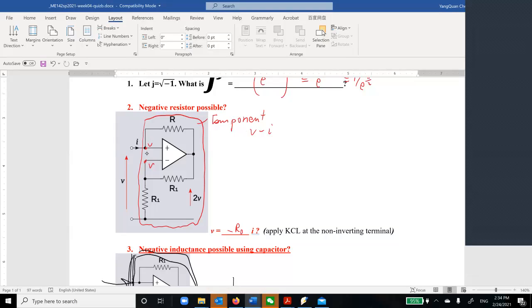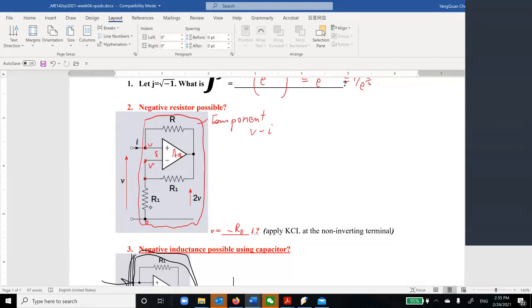You can see that because this difference here should be epsilon, should be almost 0, right? Because of this amplification, OL is almost infinite, right? It's idealized. So because this is V, so this is V, so this is 0.